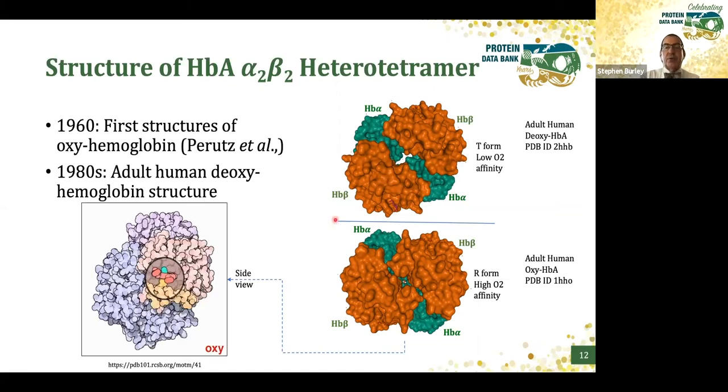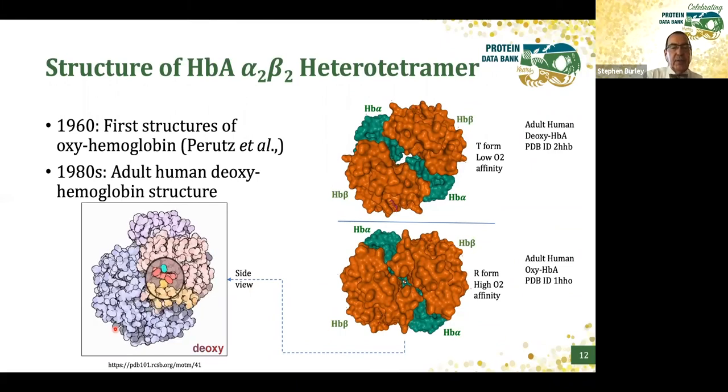The two structures are different. You can see that clearly from these two discrete views, but this is even more evident in this animation that's alternating between the oxy and deoxy forms. The presence of two different types of protein in this oligomeric assembly allows you to have two distinct states and allows the molecule to function as a machine with different structures for the oxy and the deoxy forms.